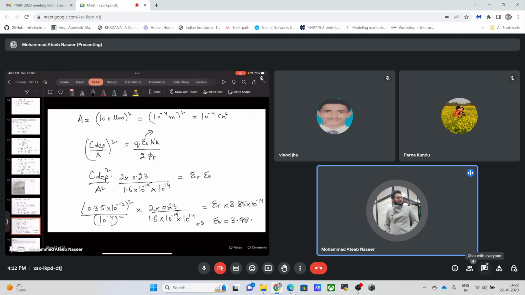We have seen that this MOSFET is biased in the triode region.